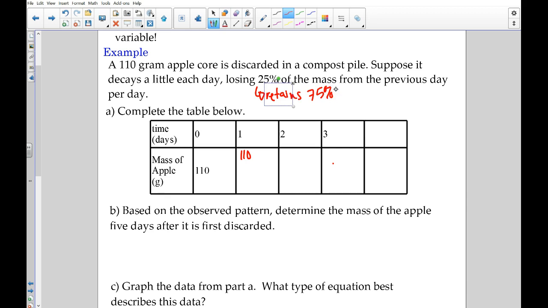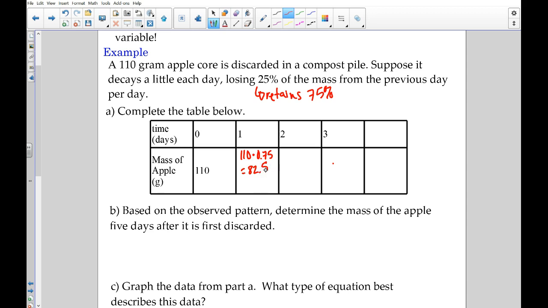I'm going to look at it in that light too. You can certainly do the 25% and subtract it off. You will get the same answer. So I'm going to multiply this by 75%, which as a decimal is 0.75. And that ends up being 82.5.